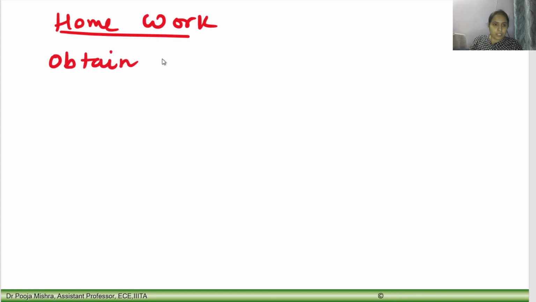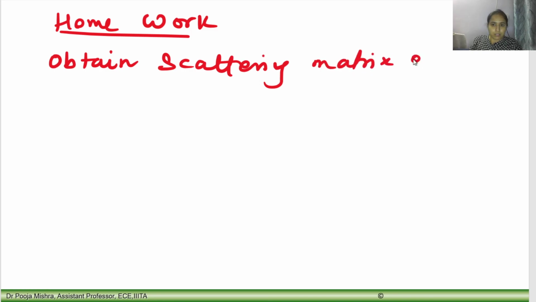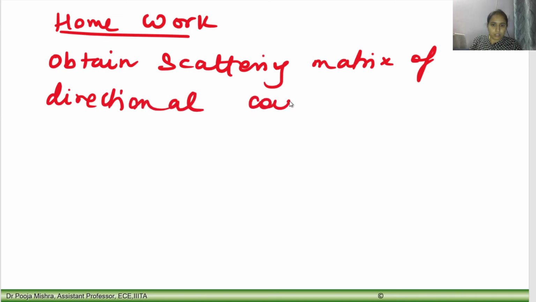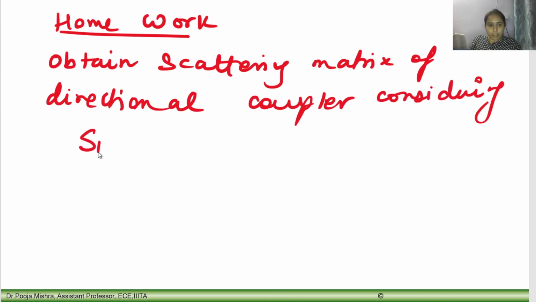Your homework: obtain the scattering matrix of a directional coupler considering, first condition, S13 is equal to j beta, which is equal to S24.